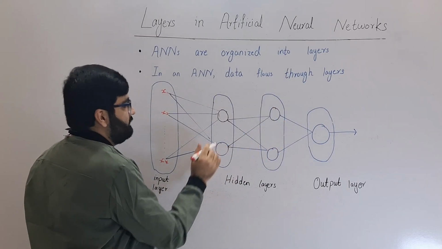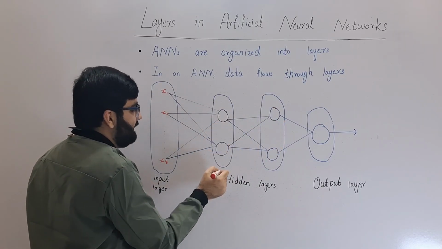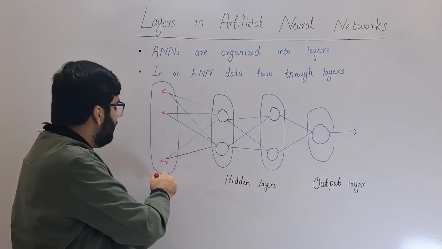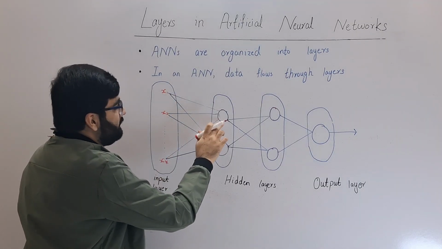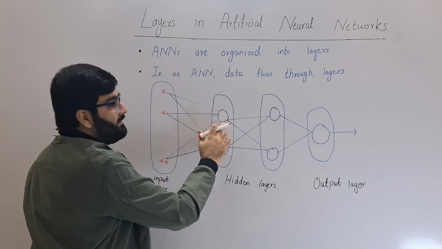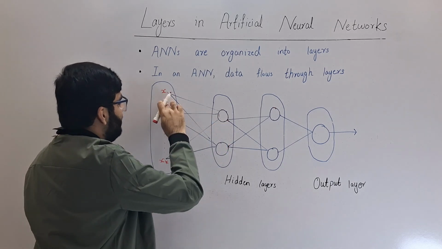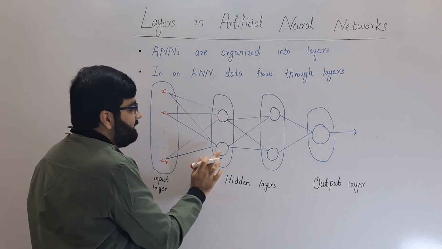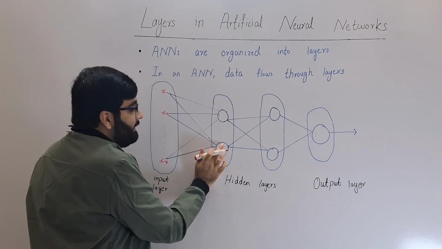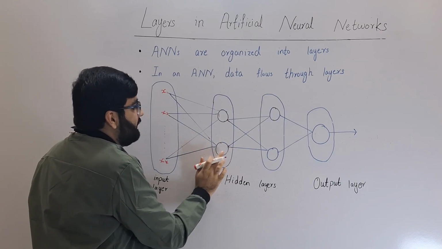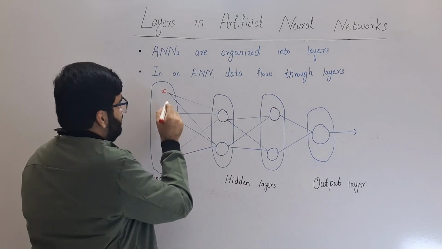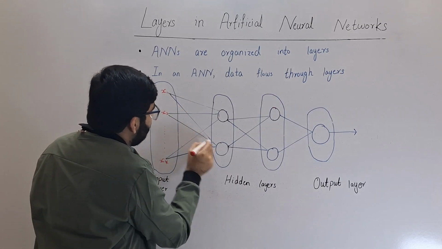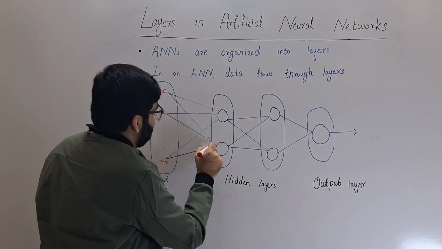The input to the first neuron in the hidden layer is all the outputs of the previous layer. That is, the input to this is k different values, x1, x2 to xk. Same for the second neuron, the input to this neuron is all the outputs of the previous layer. They are shown by lines 1, 2, 3.